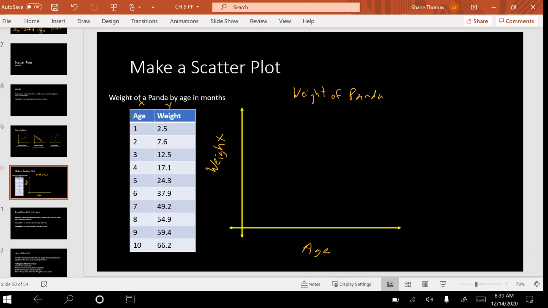So I'm going to go 2s across the bottom: 2, 4, 6, 8, 10. And then 10s up the side: 10, 20, 30, 40, 50, 60, 70.